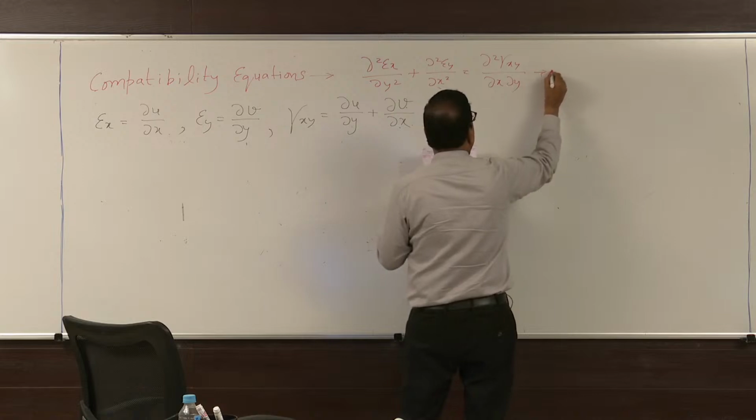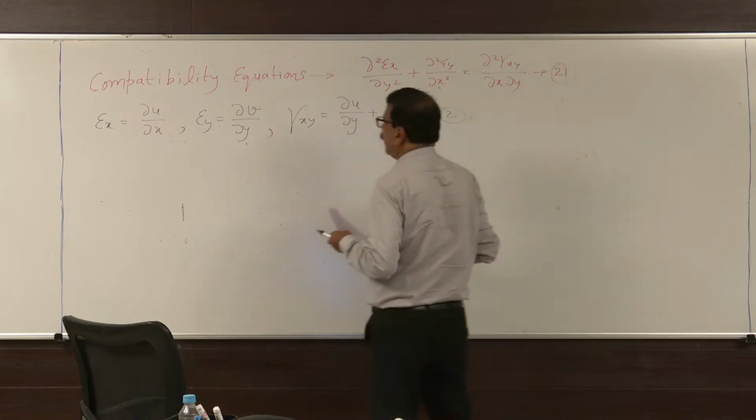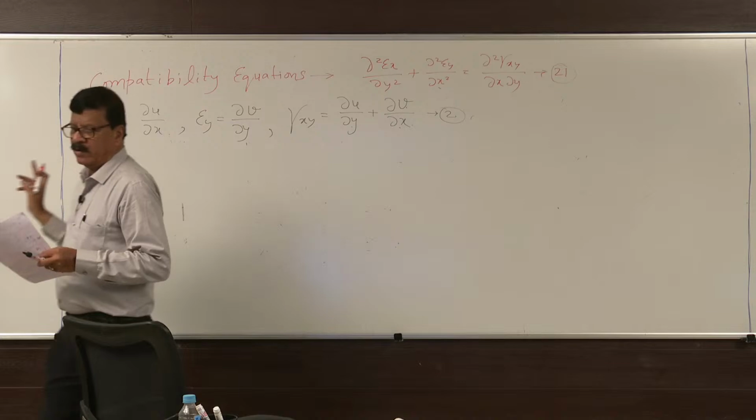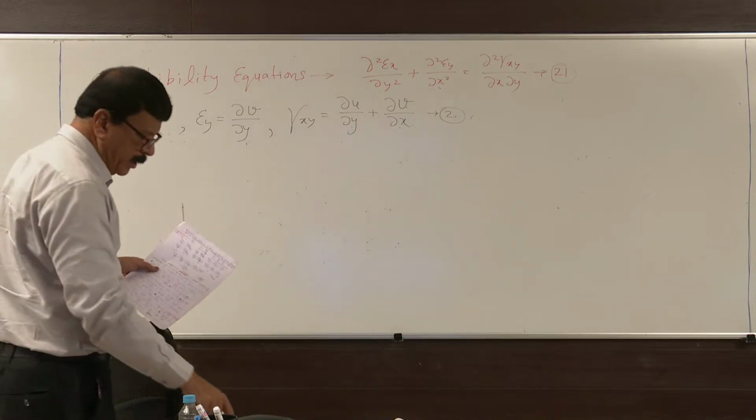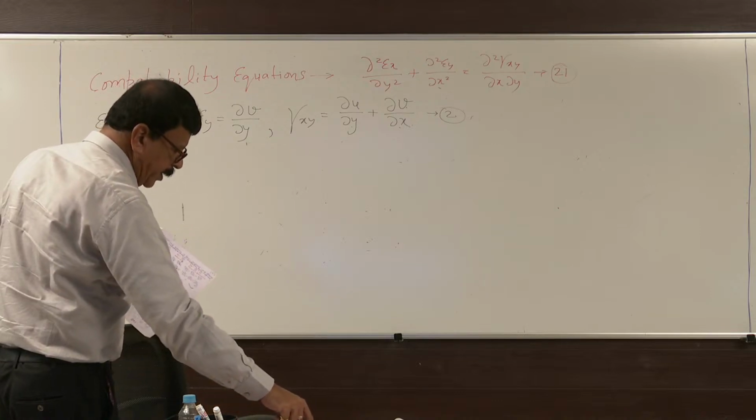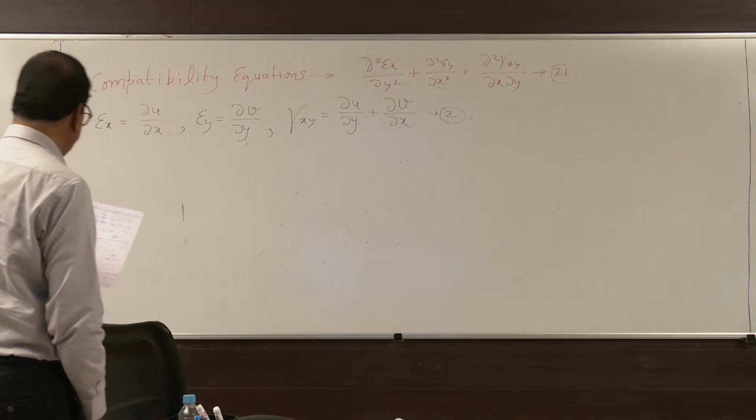This is the equation 20. With the help of these we are going to prove the equation 21, which is called the equation of the compatibility.